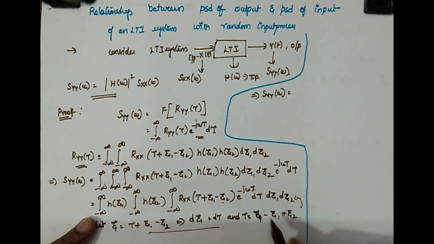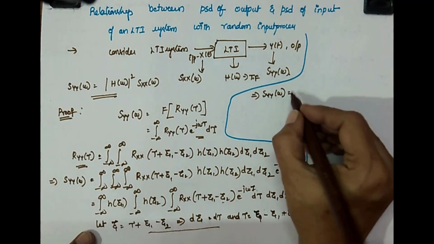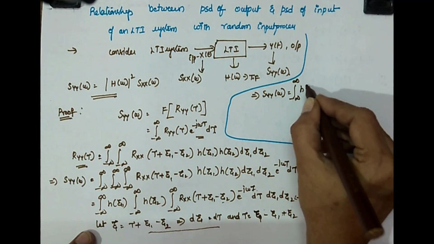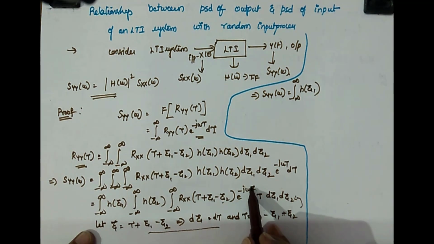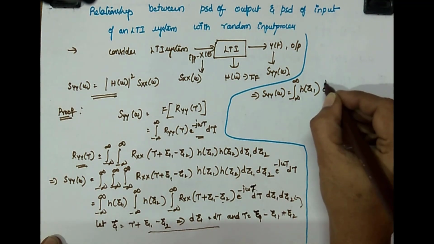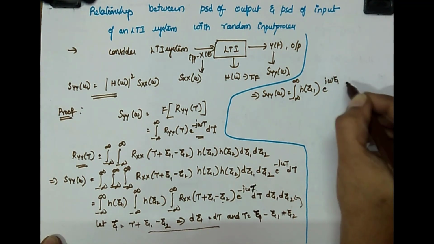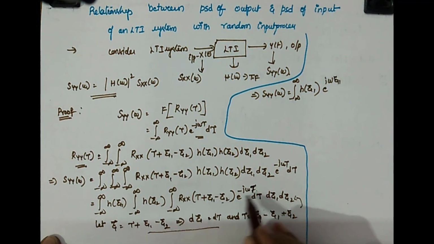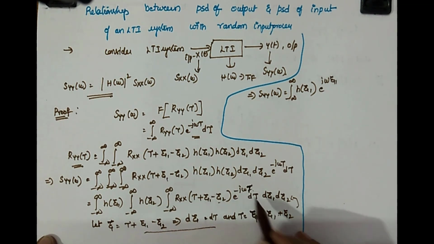If you separate delta, minus delta 1 and delta 2, then see here, the integral from minus infinity to infinity of h of delta 1, and in this exponent you have these three terms. So you separate the minus delta 1 term. It is e power minus j omega delta, and e power j omega delta 1, and e power minus j omega delta 2.